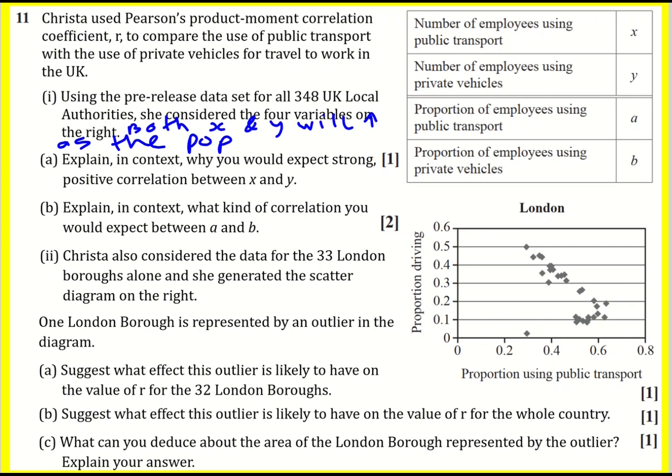There's an underlying factor, the population, that's causing both to be larger as the other one's larger. So both X and Y will increase as the population increases, so X and Y will have strong positive correlation.